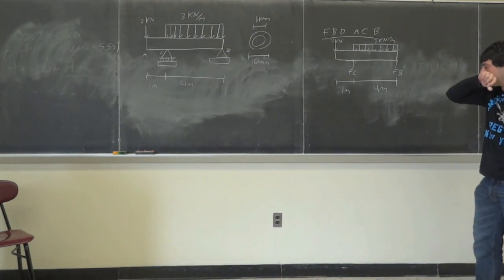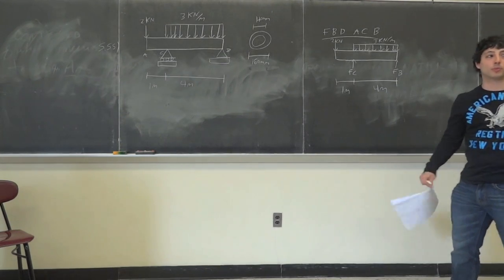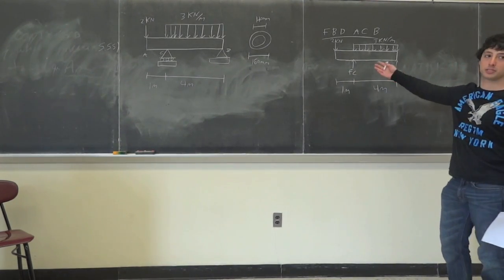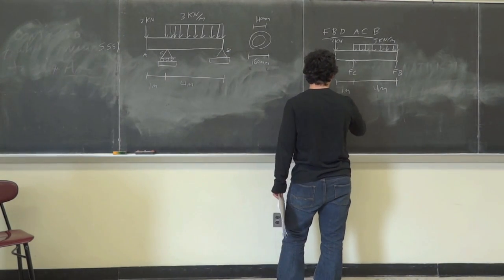Okay, so how are we going to find the reactions FC and FB? Sum the moments, right? If we sum the moments at C, we could get FB, and then summing the forces in the y direction, you could get FC. Okay, so let's sum the moments at C.